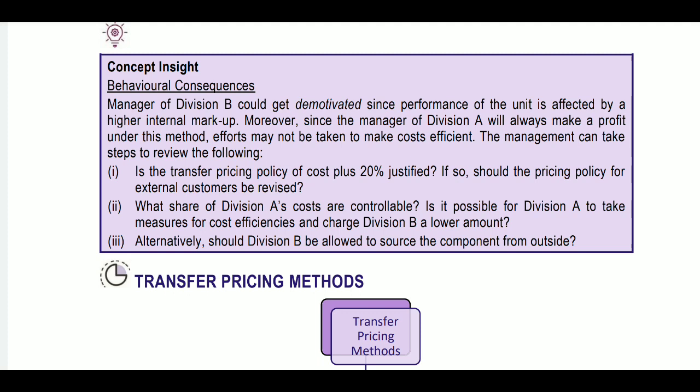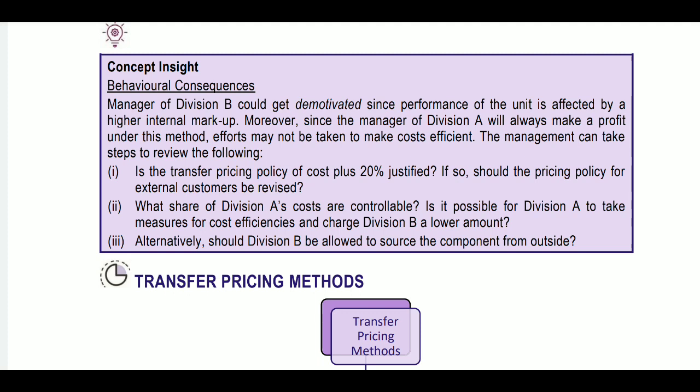We will see whether the markup being added is acceptable, justifiable or not, and what share of division A's costs are controllable. What is the controllable cost for A, and is it possible for division A to take measures for cost efficiency and charge division B a lower amount? Is there any procedure? We will see.